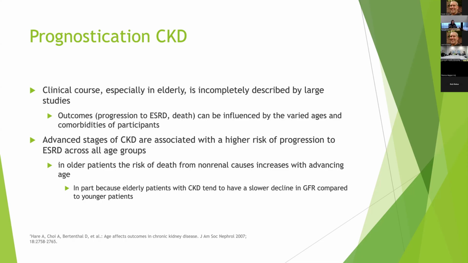So elderly patients with CKD tend to have a slower decline in GFR compared to younger patients. So think about what's the cause of that kidney disease, right? In our older patients, aging is kind of normal. It's going to be that slower decline versus somebody who is much younger and has onset of new kidney disease. It's probably a different etiology.